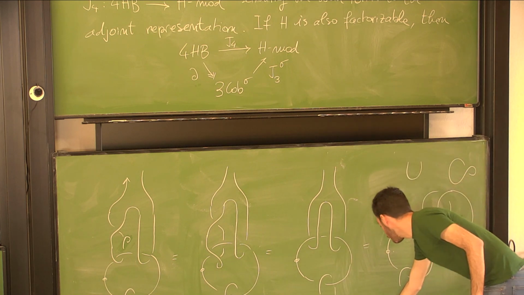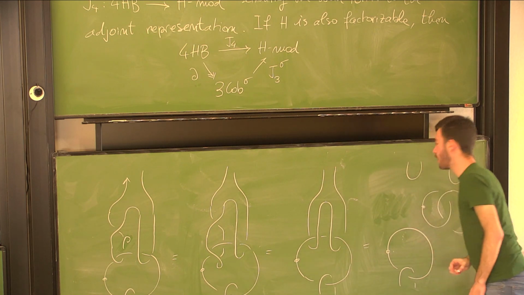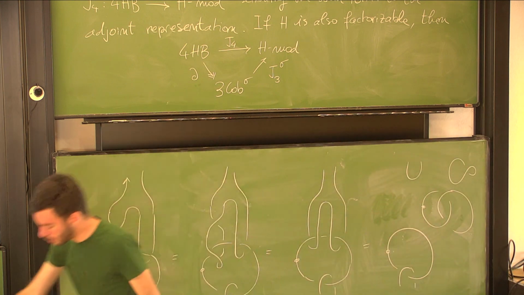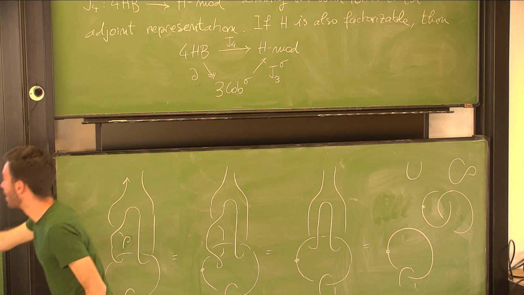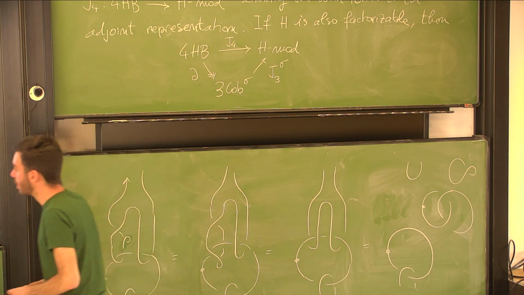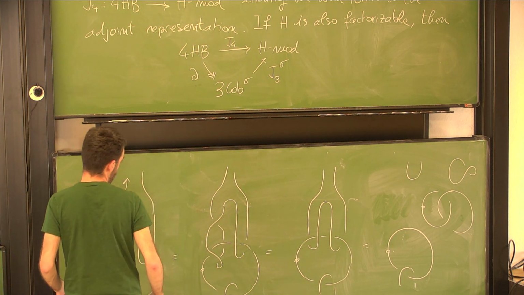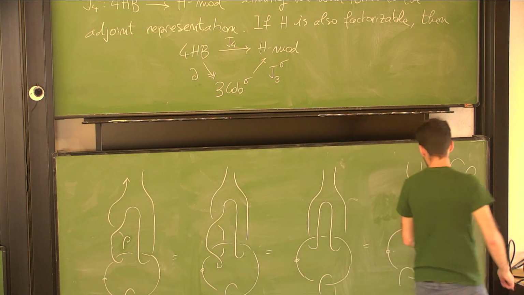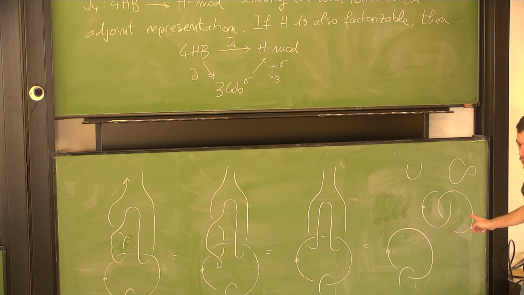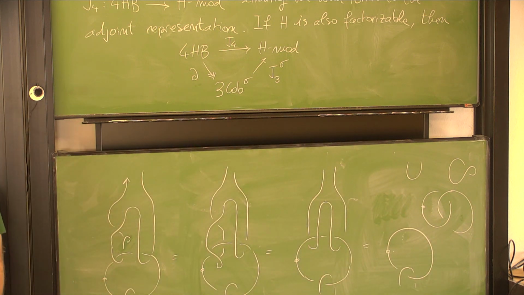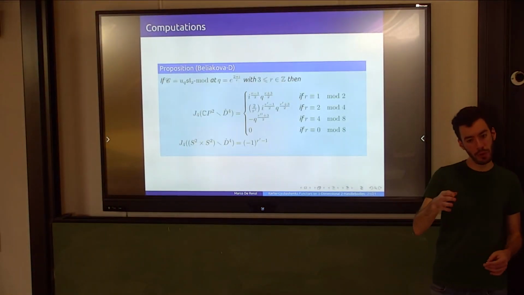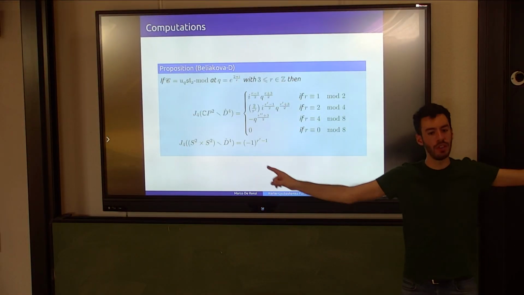So add a dot here, and last slide. And it's zero framing on both. Yes, zero framing on both. With this version here, it's always 1. Without the dot, it's either 1 or -1, according to the parity of R. So choose R to be a multiple of 4, and you get -1. So this is distinguished.